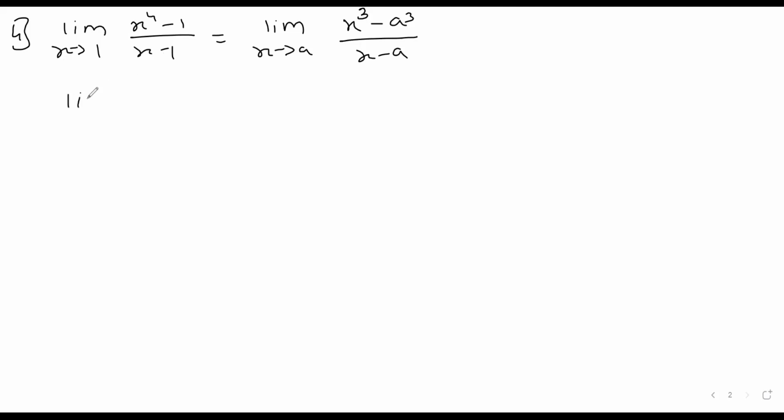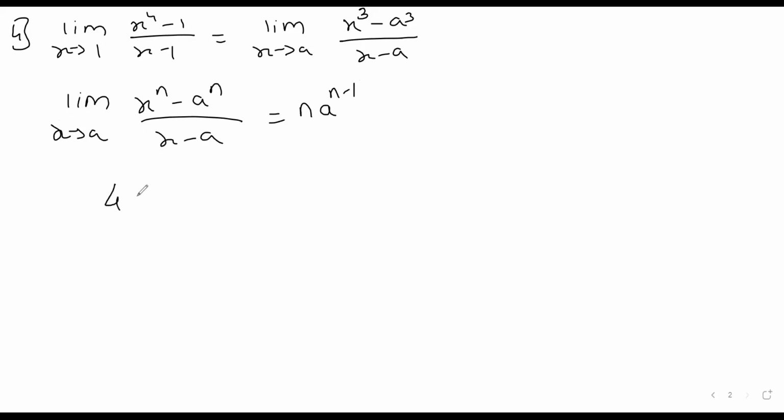Can I use a formula here? Limit x tends to a, x raised to n minus a raised to n upon x minus a, that is n a raised to n minus 1. Can we use it here?